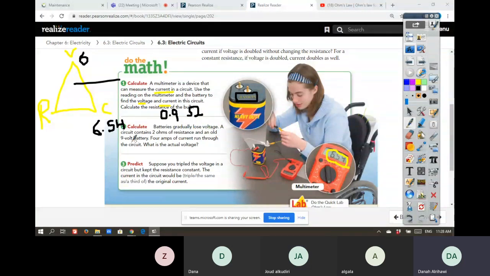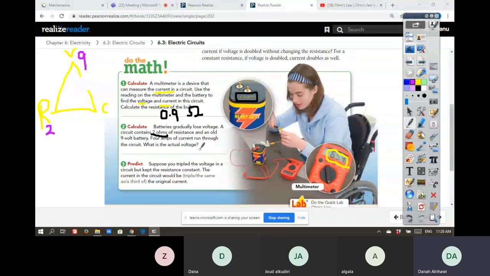Now, batteries gradually lose voltage because we use them. A circuit contains 2 ohm. So I will clear this now. Now I have another. Here I will write 2 ohm of resistance and an old 9 volt battery. 4 amps of current run through the circuit.